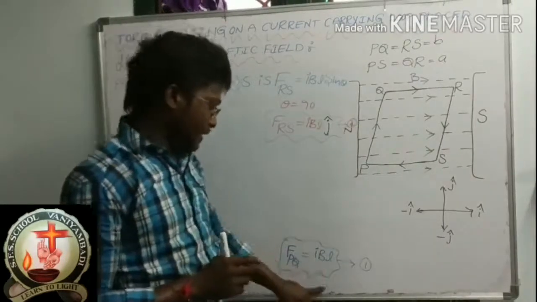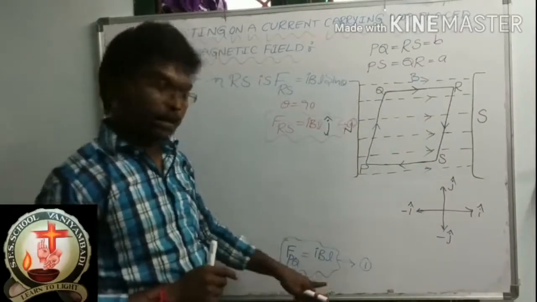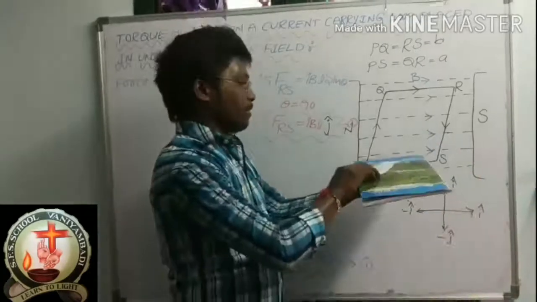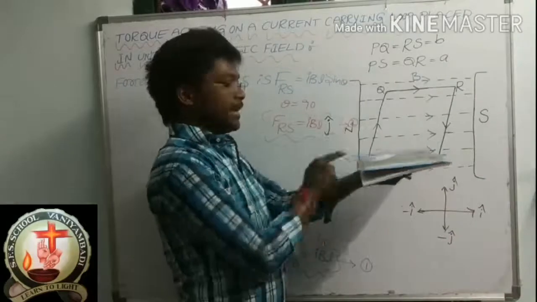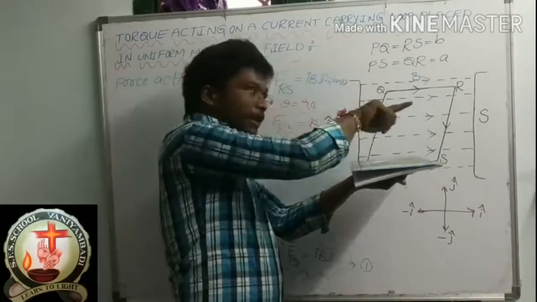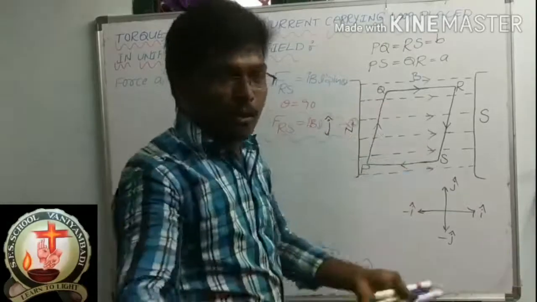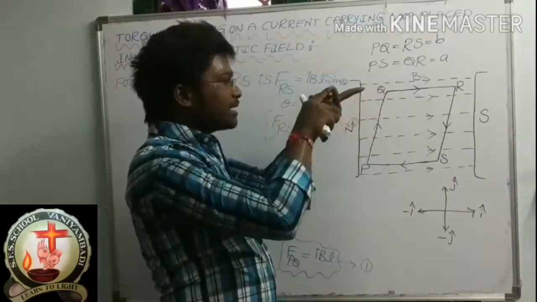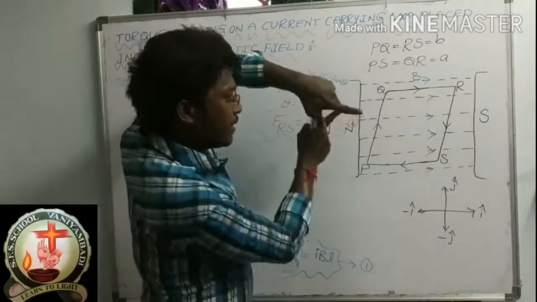Same, here what is the direction of the force? I forgot here actually. This is the direction of current, PQ. Magnetic field direction is this one. Current direction is this side.